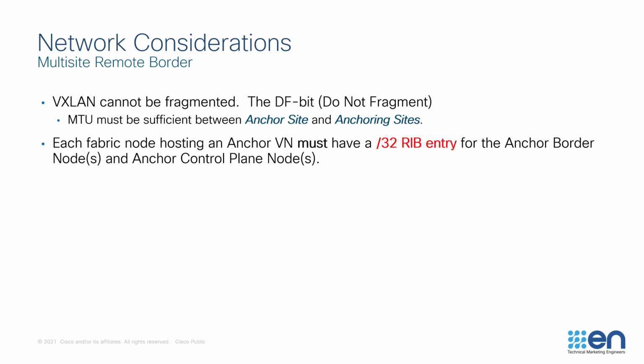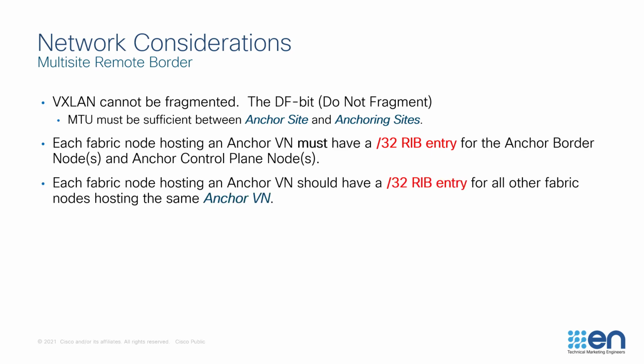The fabric edge nodes need a /32 entry in the underlay, or the global routing table, in order to reach the anchor border node and anchor control plane node. It's also strongly recommended that the fabric edge nodes have a /32 entry in the underlay for all fabric devices hosting a given anchor VN.